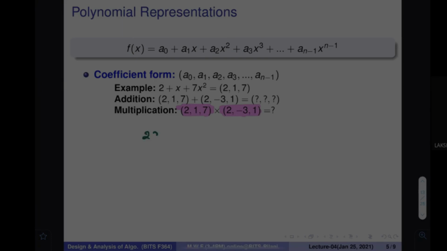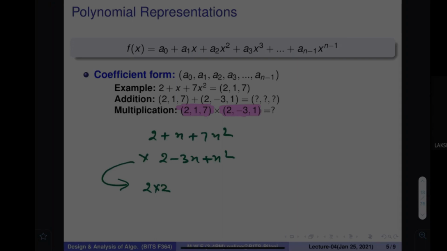It is 2 plus x plus 7x square, and this is 2 minus 3x plus x square. What is the answer? Can you give me that? So it is going to be 2 multiplied by 2 for the constant term.